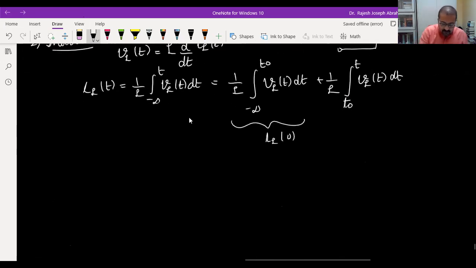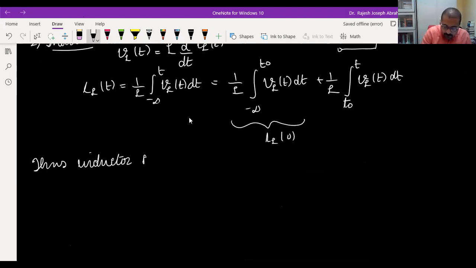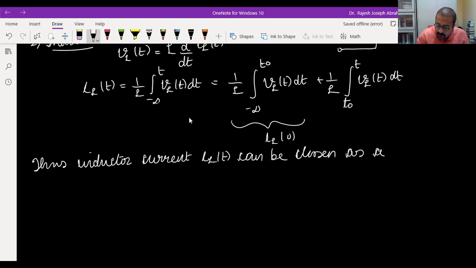Thus, the inductor current IL of t can be chosen as a state variable.